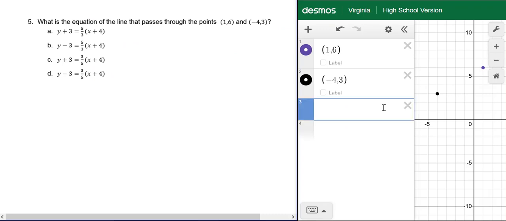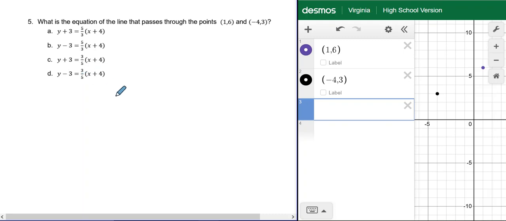Now, I could just graph each one and see which one works. Let me take a guess here. I know it's positive, so it's going up. And then my slope is 1, 2, 3 over 1, 2, 3, 4, 5. So up 3 over 5. So I think it's between C and D. And then the other parts, I'll show you what to do.